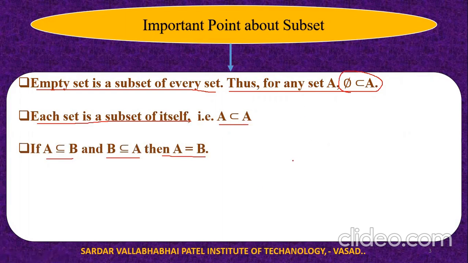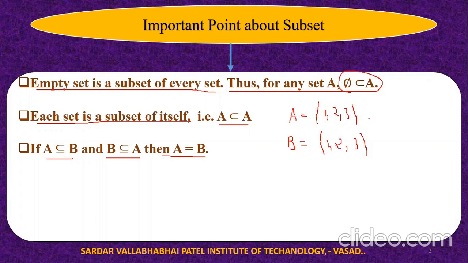As for example, suppose we consider A equal to {1, 2, 3} and B is also {1, 2, 3}. Same.